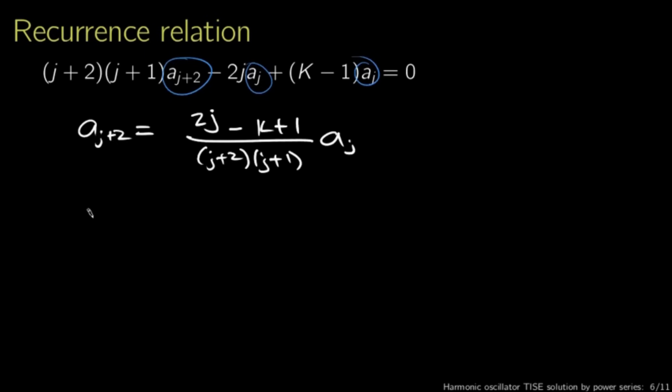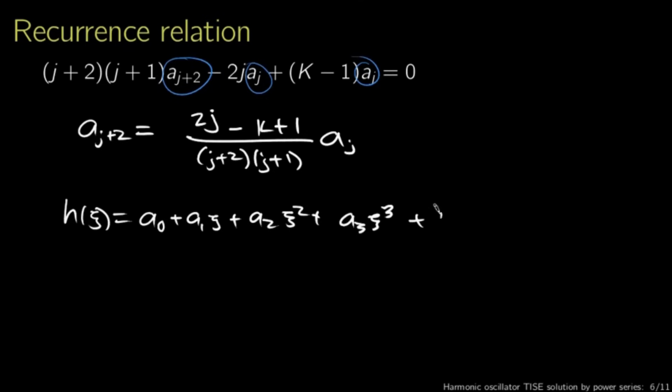If you remember our original expression for h of c, it was a0 plus a1 c plus a2 c squared plus a3 c to the third plus a4 c to the fourth, etc. If I told you what a0 was, you would be able to use this expression, substituting in 0 for j.